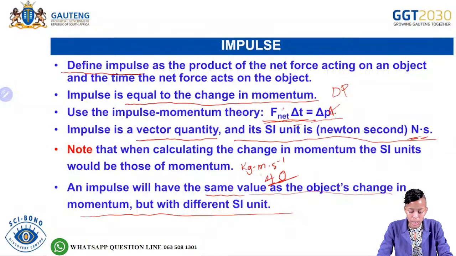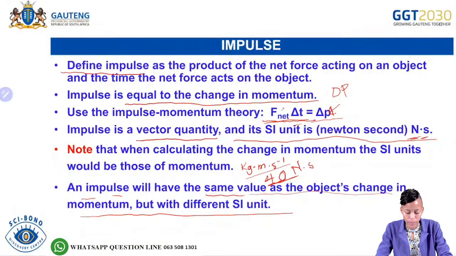Okay, so instead of you having the SI units of the change in momentum, which is kilograms meters per second, you are going to have the SI units of what? Of the impulse. So what are the units of impulse? It is going to be Newton second. Okay, so I'm going to repeat that for the last time. It says that impulse will have the same value as the object's change in momentum.